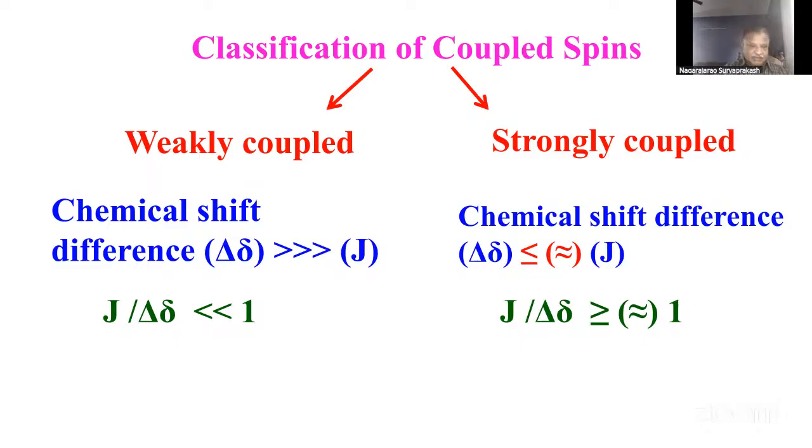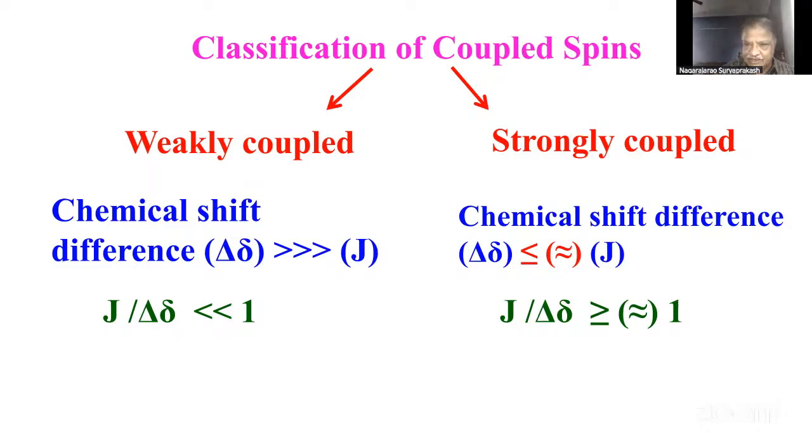Remember this concept. And the strongly coupled and weakly coupled spectra are very much different. Strongly coupled spectrum of 2 spins and weakly coupled spectrum of 2 spins appear entirely different.